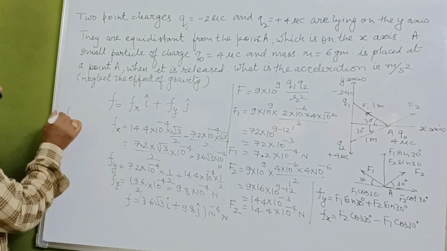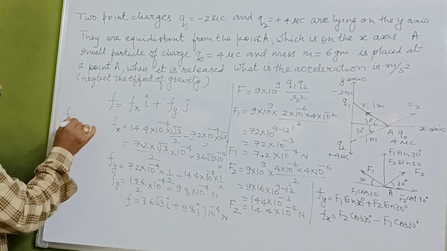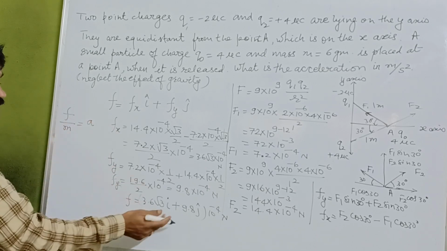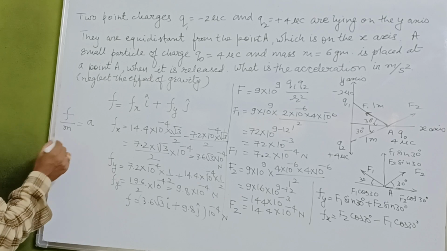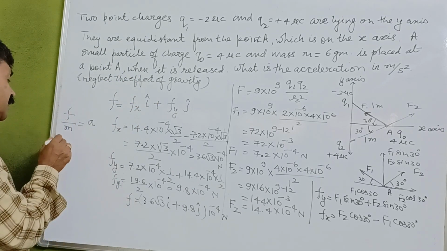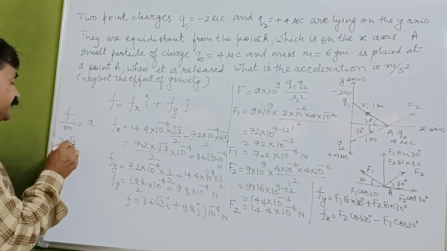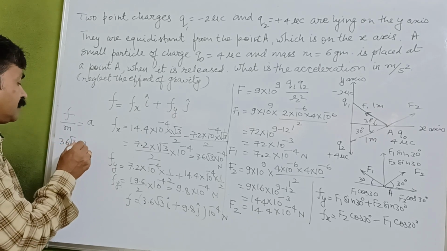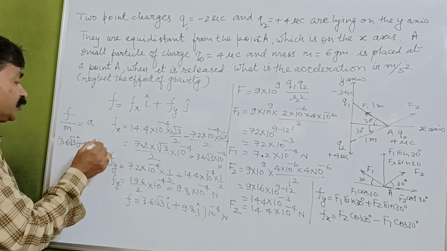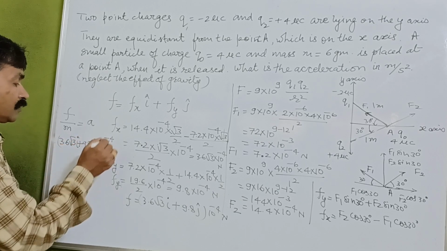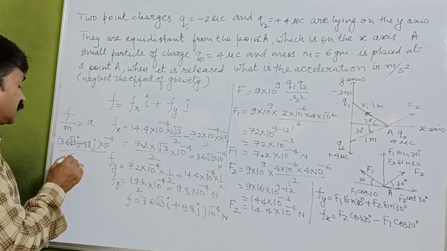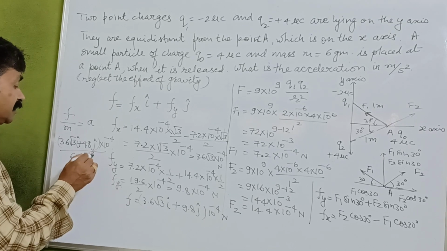Now finally, this force divided by mass will give the acceleration. So if we substitute it here, dividing by this mass which is given to us as 6 gram, I am writing it here: 3.6 root 3 i cap plus 9.8 j cap, into 10 raised to the power minus 4, divided by 6 into 10 raised to the power minus 3.